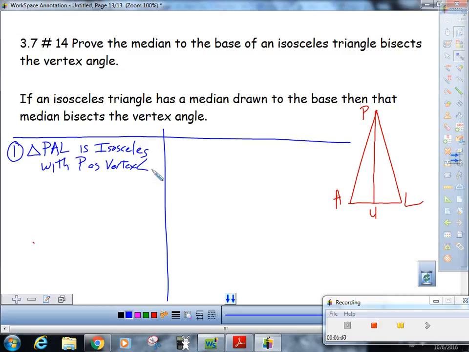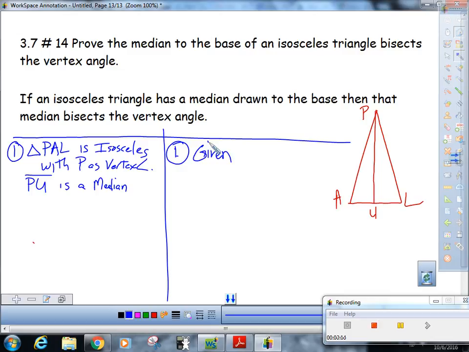And I also know that PU is a median. It's a median. It is not an altitude. Well, it is an altitude, but we don't know that it's an altitude. We haven't proven that it's an altitude, so we can't use it like it's an altitude. We can only use it as a median.